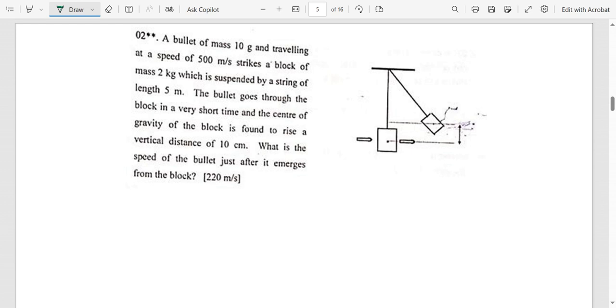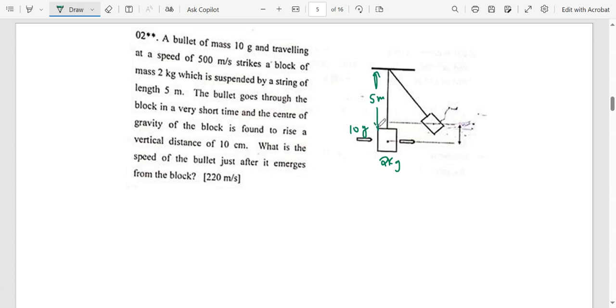So question 2 is saying a bullet of mass 10 grams and traveling at a speed of 500 meters per second strikes a block of mass 2 kg. So this guy is having 2 kg mass. The bullet is having 10 grams mass. Okay, the block is suspended by a string of length 5 meters. So from the very top there to the very bottom here, this is 5 meters.